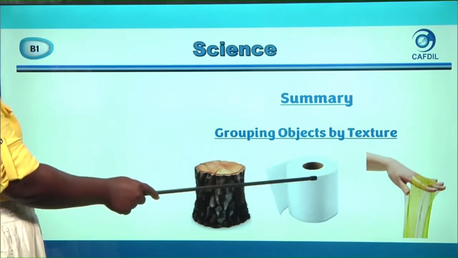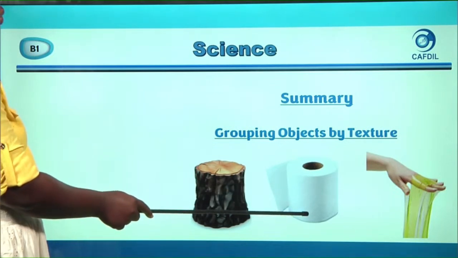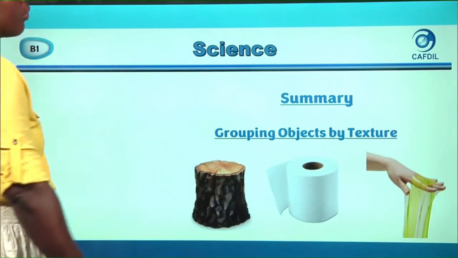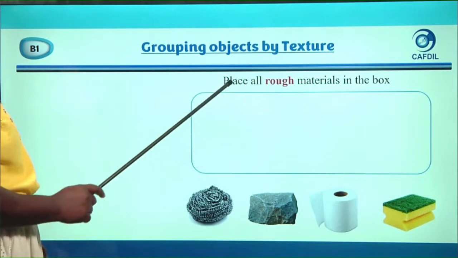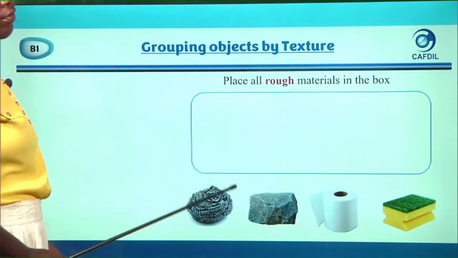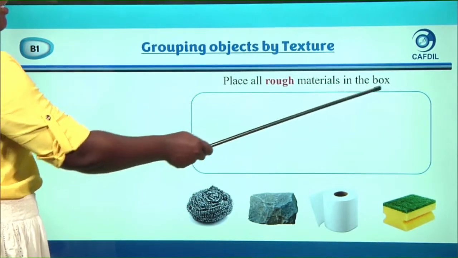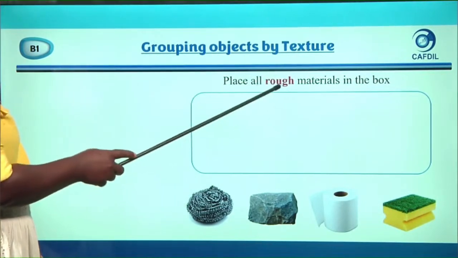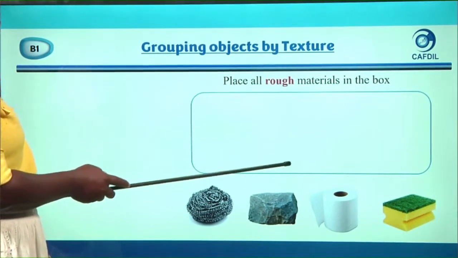We have our toilet roll. And our glue. Place all rough materials in the box. So we are placing all rough materials in the box.